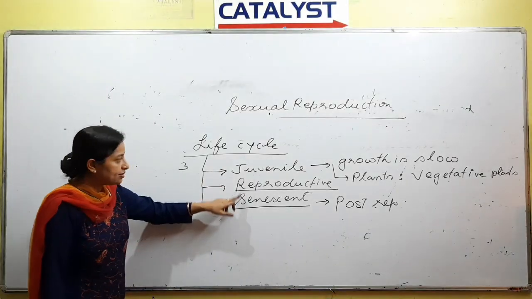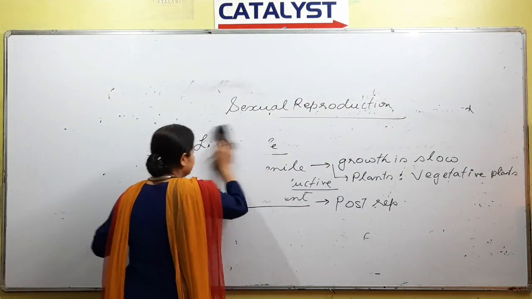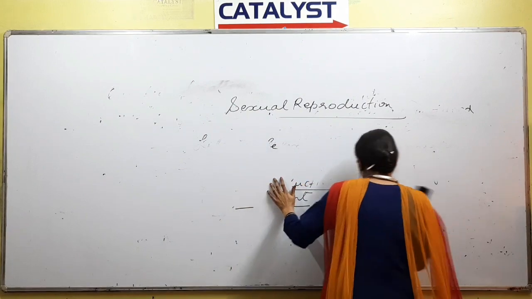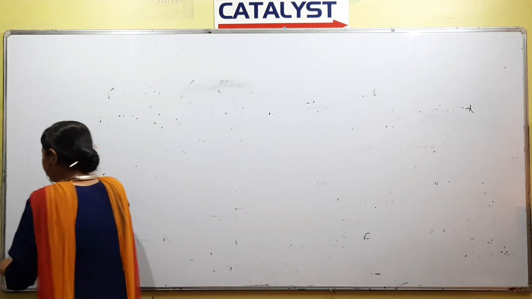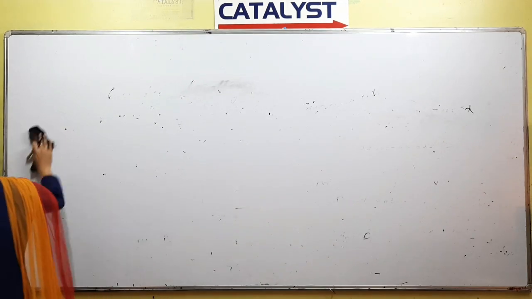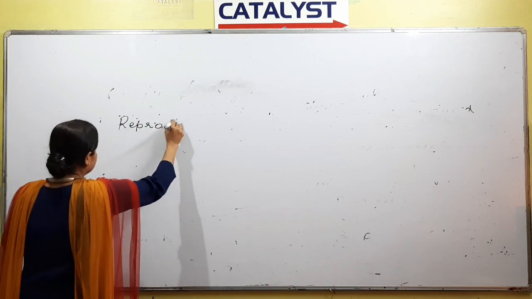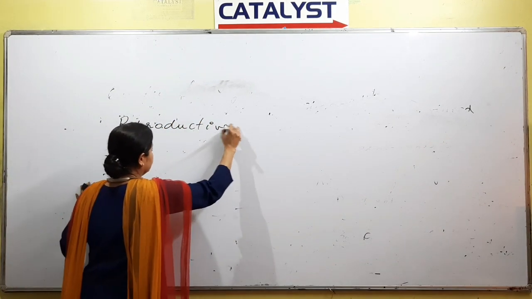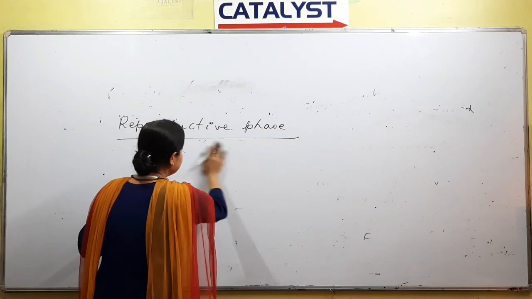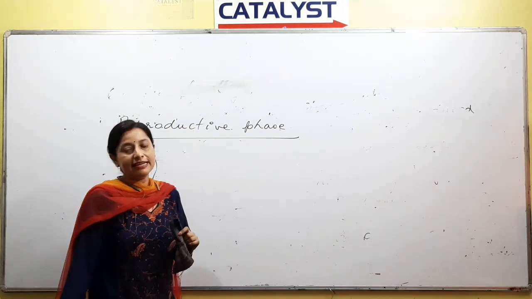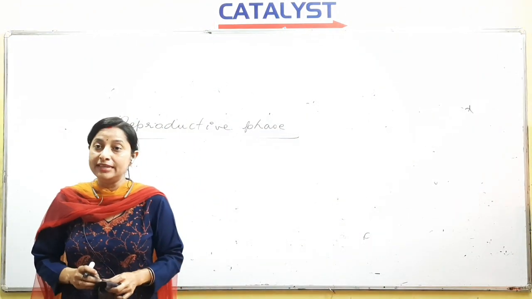Animal life also comes to the reproductive phase. In the reproductive phase, in plants we see particular reproductive organs develop, and in animals particular structures develop.